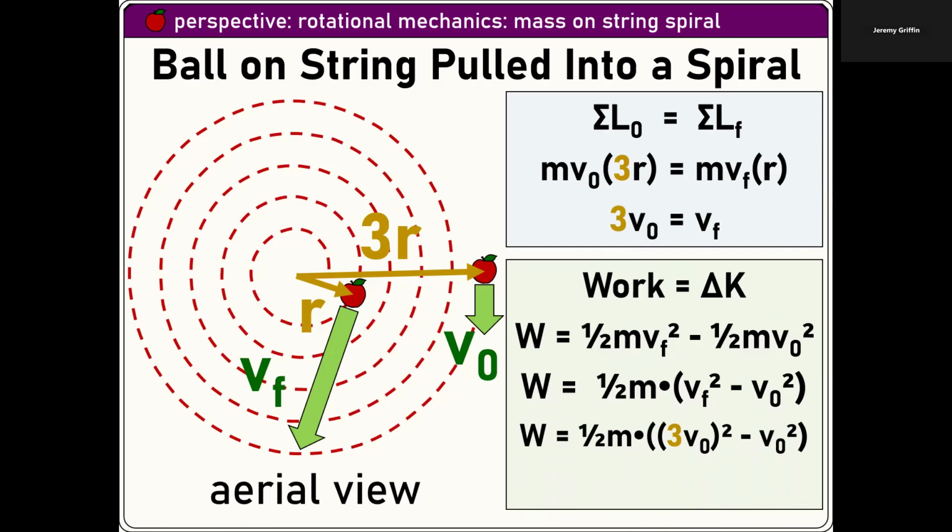9 times the energy, 100%. So if you subtract, you get 8 times for the difference. It's 9 minus 1. Guess where that 8 comes from? That's 9 minus 1. Now, everything in brown up there is particular to this exact question where the final radius is 1/3 of the initial radius.